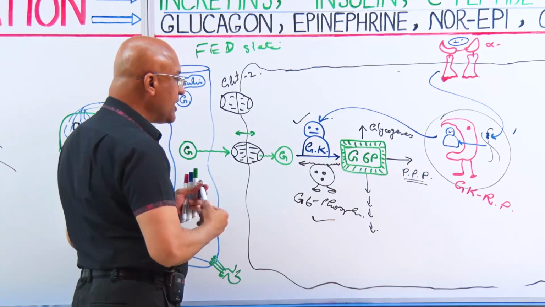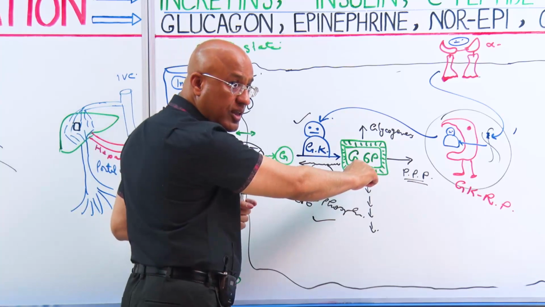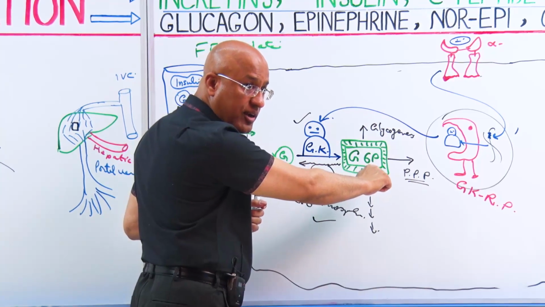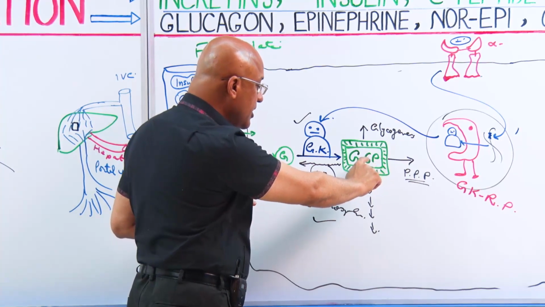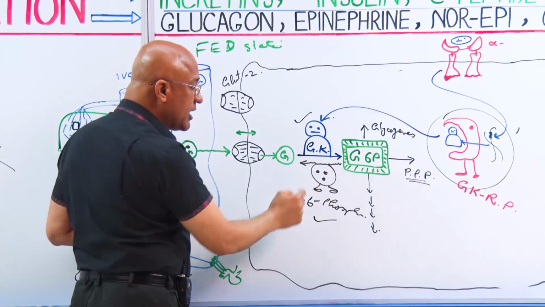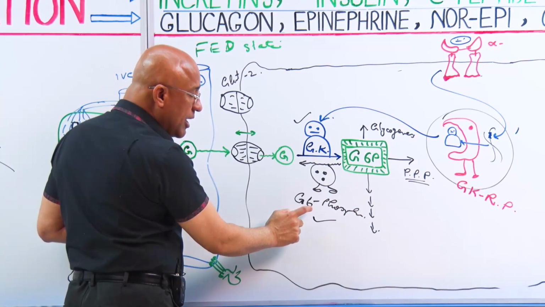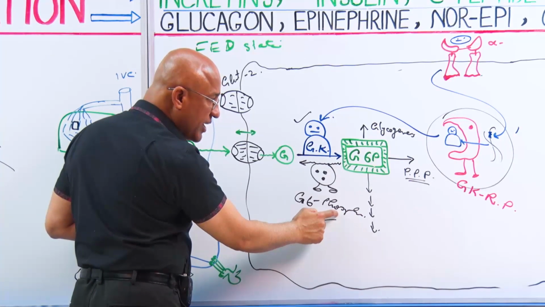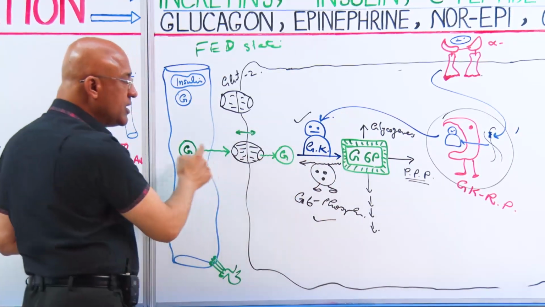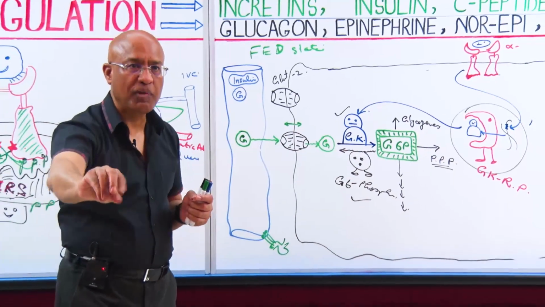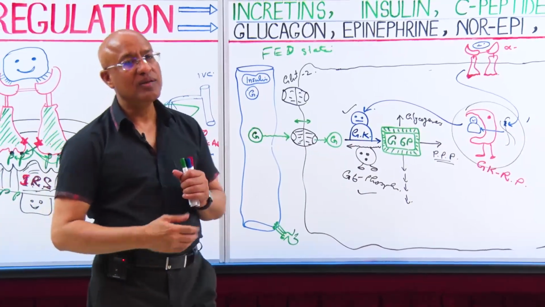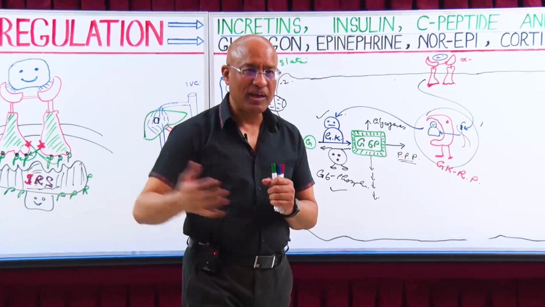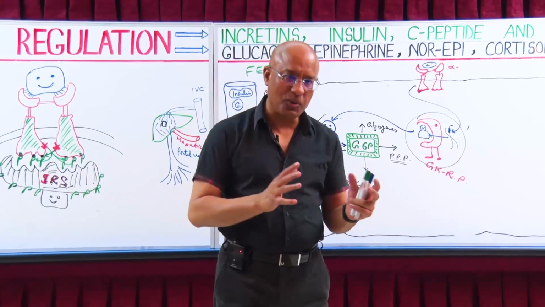So in fed state, liver is taking up the glucose and storing it and utilizing it. In fasting state, stored glucose is broken down, and because liver cells have glucose 6-phosphatase, it can set the glucose free and provide the glucose to the blood. It means, again, it is like a mother. When extra glucose is coming, it is storing.